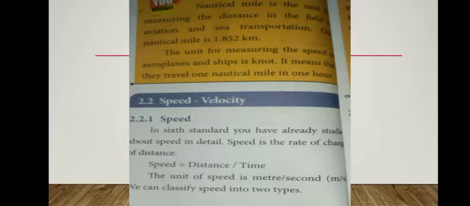Okay, next we are starting the next topic. The first one we saw was distance and displacement. The second topic is speed and velocity. Speed, you have studied in lower classes. What is speed? Speed is the rate of change of distance.